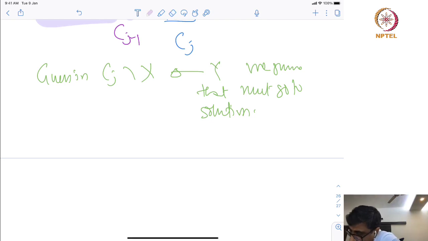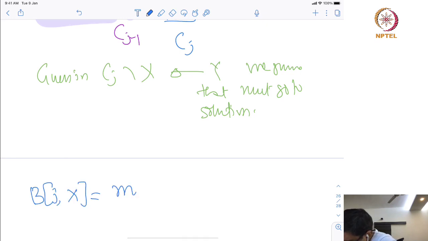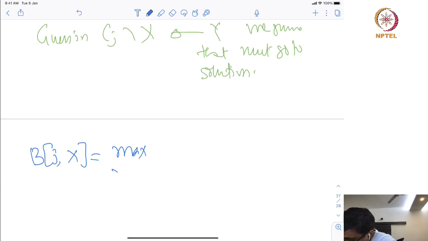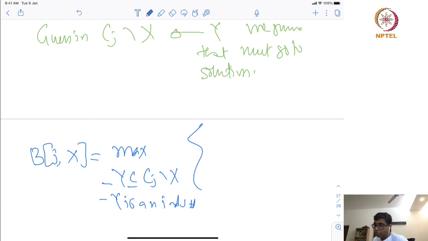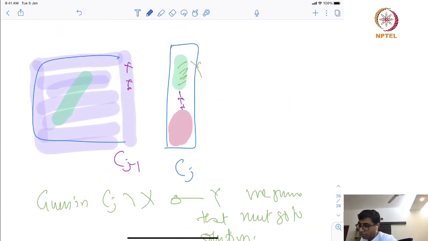So, the recurrence is, notice, b j x is equal to the max over y subset of Cj minus x, where y is an independent set, otherwise you can never complete it to an independent set. And the moment you have this, it is like the weight of y plus something.